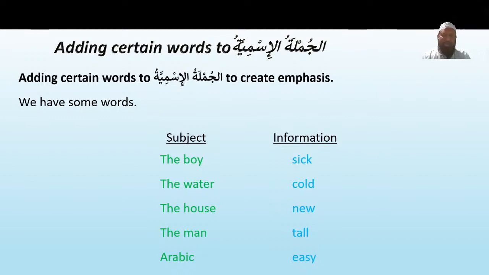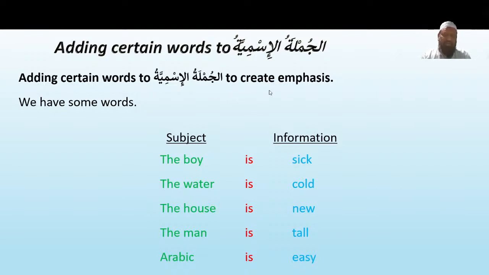We need a linking word to make a sentence. We know "is". The boy is sick, the water is cold, the house is new, the man is tall, Arabic is easy. Now the title here says adding certain words to jumla ismiya creates emphasis.